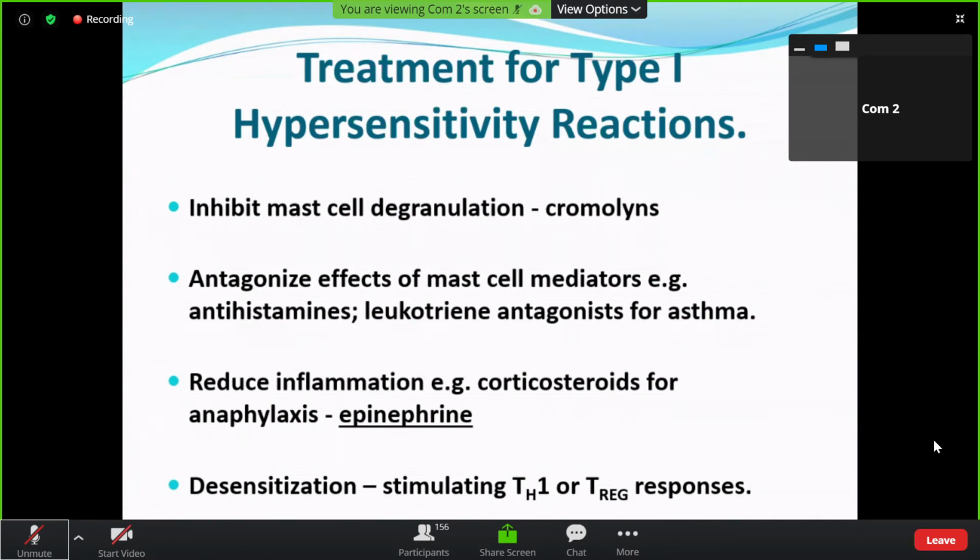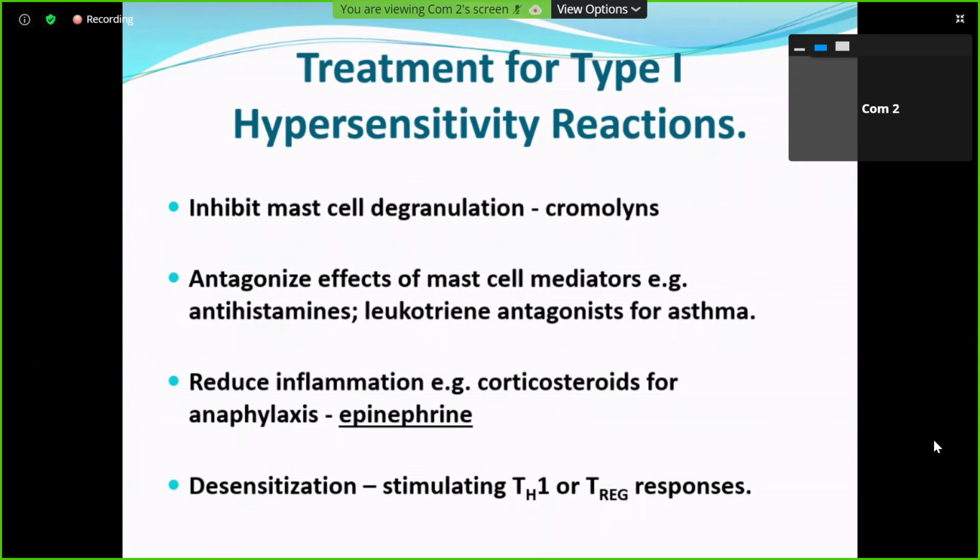Why do you think that would be effective? If you have a Th2 type response that is promoting the creation of IgE antibody, why would you want to block that by promoting a Th1 or a Th17?